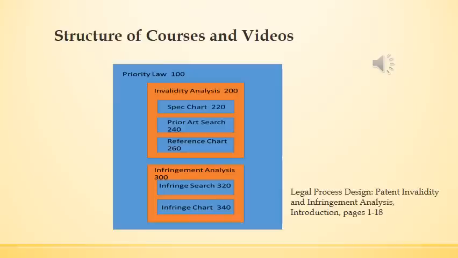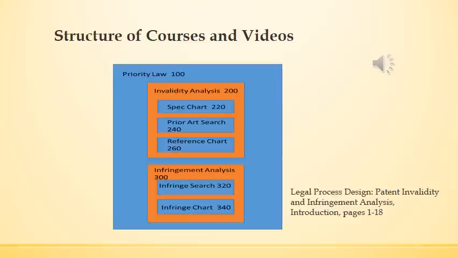This course is the priority law course, which is shown as 100 there, and it is the context from which the other two courses and processes spring, because it's the law that determines what is prior art and what is not prior art, what is an infringing embodiment and what is not an infringing embodiment, and what is a prior commercial use and what is not, which are the temporal aspects of priority law. And that's what's covered in this course.